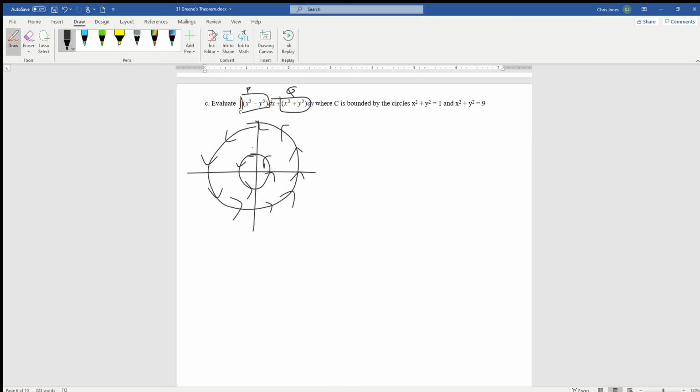All right. Now we're going to take the partial of Q with respect to x, and that's going to be 3x squared. We're going to take the partial of P with respect to y, and that's going to be negative 3y squared. We're going to change this from our original line integral, and we're going to turn it into a double integral now.